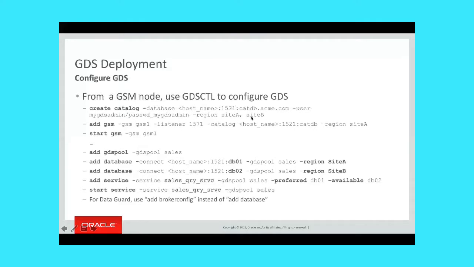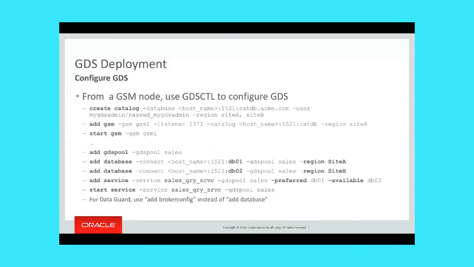You're running all this in an interface called GDSCTL. Then you say add GSM, and you specify your listener endpoint. The port is 1571 in this example, and what catalog it's mapped to, the catalog database, and what region it belongs to. Likewise, you create a pool of GSMs, one set for region 1 and the other set for region 2.